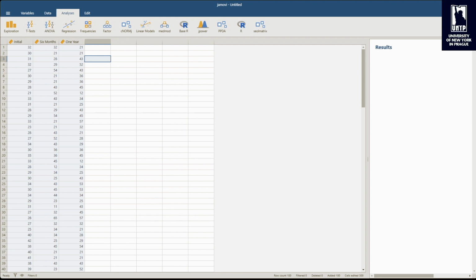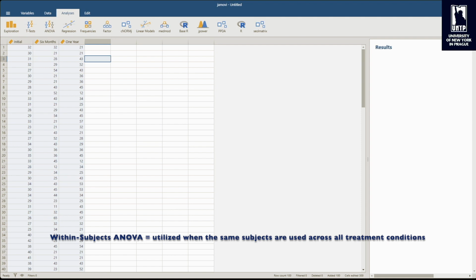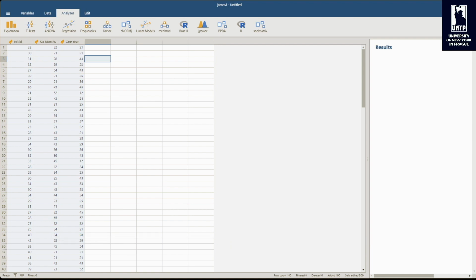So you might recall our earlier discussion on one-way between subjects ANOVA. The difference here is, within subjects ANOVA, as the name implies, is utilized when the same subjects are used in all treatment conditions, like, for instance, evaluating the impact of a psychotherapeutic program aimed at reducing alcohol consumption over different time points.